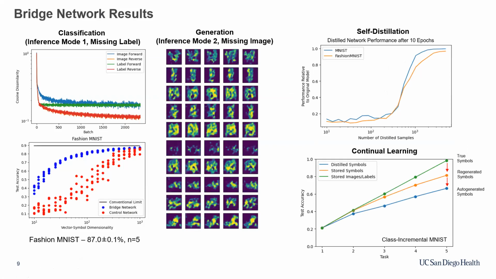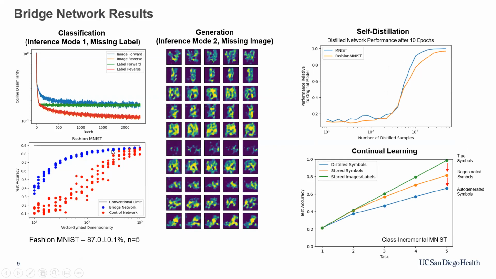So this slide summarizes the results we see from this architecture where we run it on FashionMNIST. This is the classification mode I mentioned, where you have this missing label that you're predicting, and after it goes through this training process where each side minimizes the losses between what it expects to see and what it actually sees on the training set, the test set generalizes well to predict the correct label for the images.